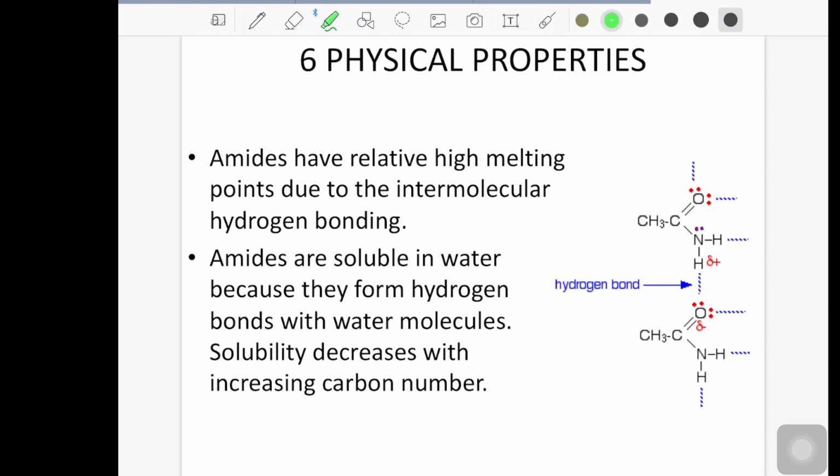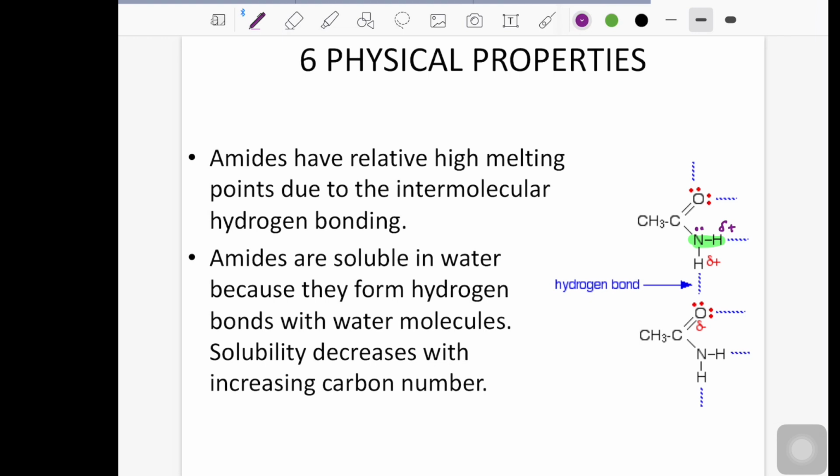If you look at one of the nitrogen-hydrogen bonds, that hydrogen is attached to the nitrogen, therefore that hydrogen will develop a slightly positive charge, because when hydrogen is bonded to F, O and N, you will get a polar bond.